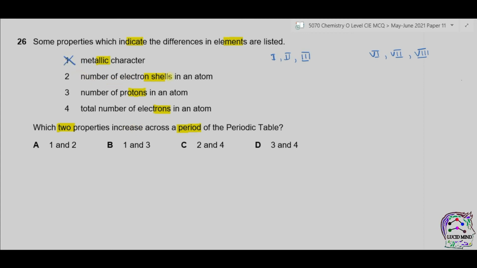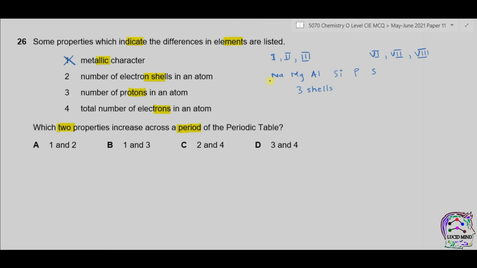Second is the number of electron shells in an atom. As in a period, the number of electron shells are fixed. For example, in third period we have sodium, magnesium, aluminum, silicon, phosphorus, sulfur. All these elements present in the third period of the periodic table have 3 shells.